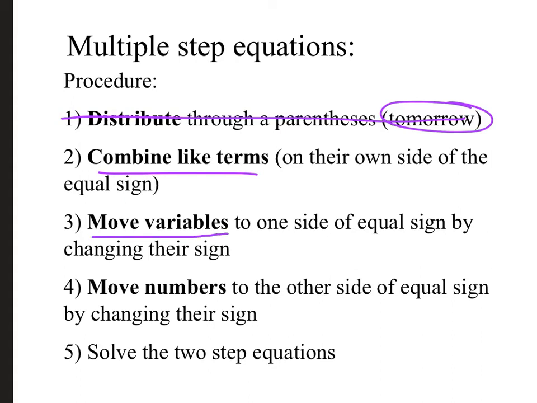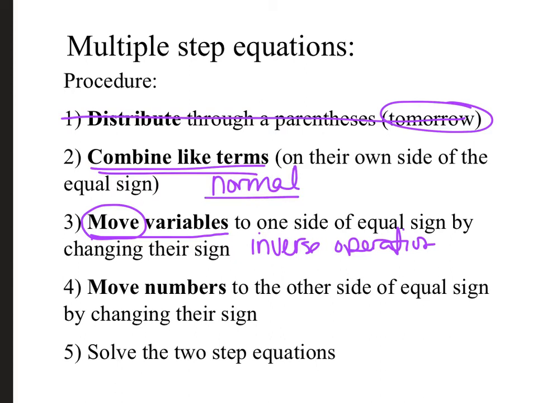So when we move from one side to the other, we do the inverse operation. This is where that comes in. So combining like terms is just normal adding and subtracting or multiplying, whatever we happen to be doing. Okay?